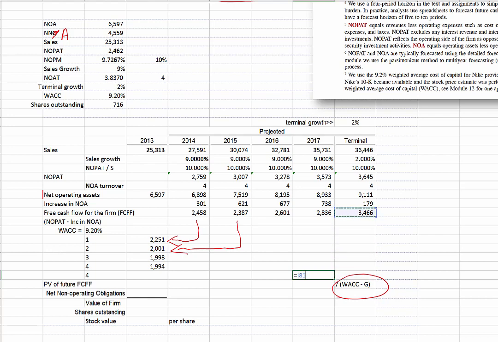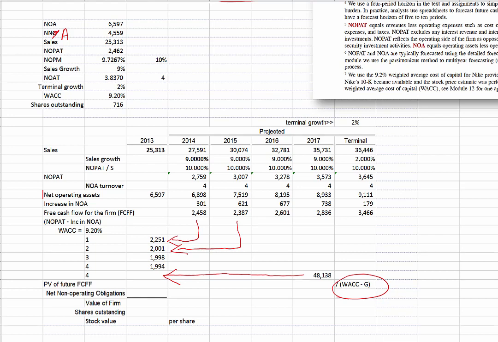So there is the beginning terminal cash flows divided by 9.2% minus that 2% right there. Right parenthesis. And there's the same 48,133. Now that 48,133 has got to come back 1, 2, 3, 4 periods.